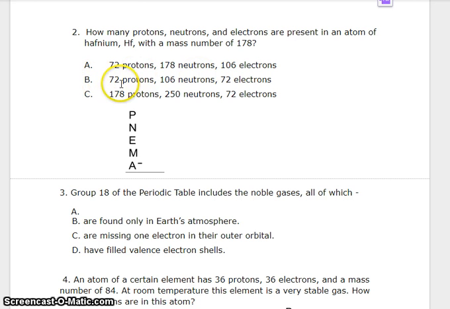B, 72 protons, 106 neutrons, 72 electrons? Or is it C, 178 protons, 250 neutrons, 72 electrons? Find that atom, hafnium.